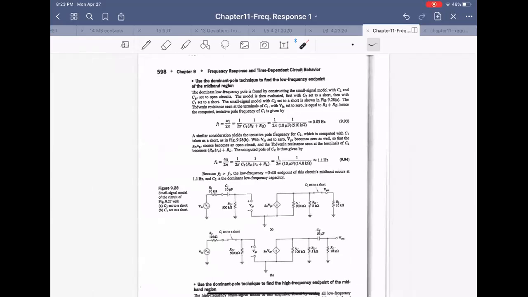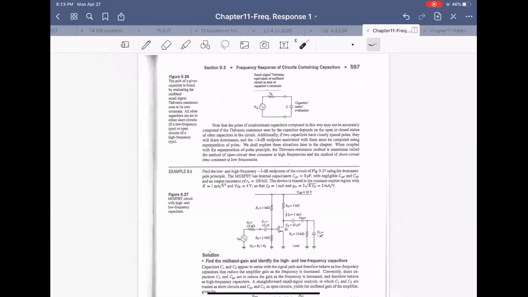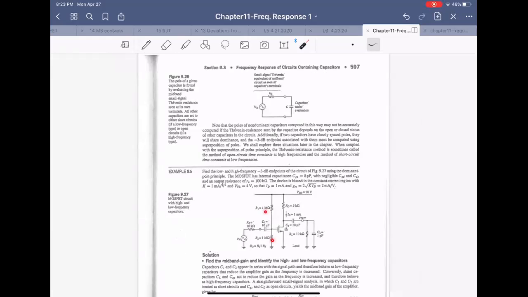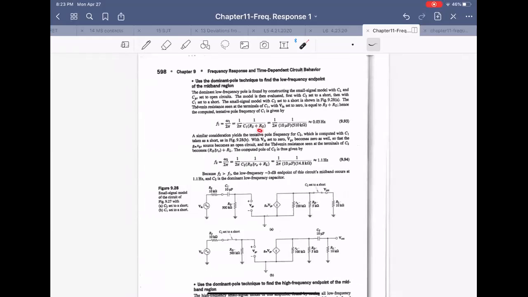So as shown here, FL1 is C1 times what is in series with C1, like RS and RG. On this side RS, this side is RG. RG is actually R1, R2 in parallel. So put RG, RS, and RG. RG is again 500 kilo ohms. This 10 kilo ohms is 510 kilo ohms. So FL1 is 0.03 hertz.